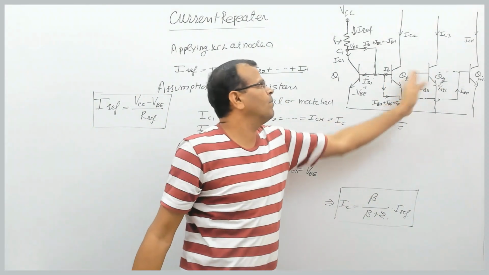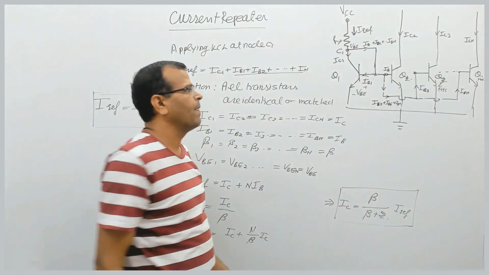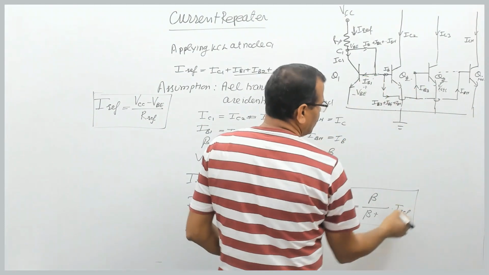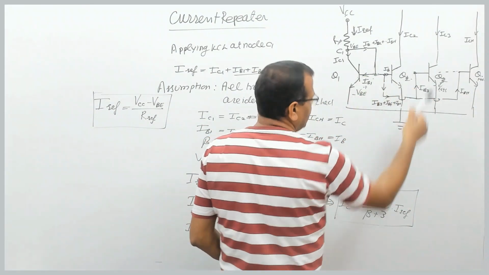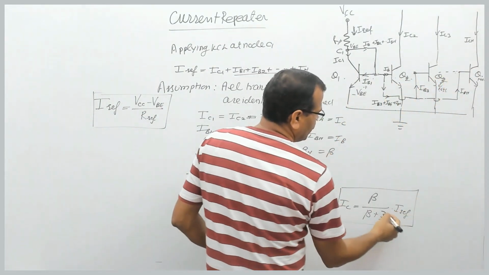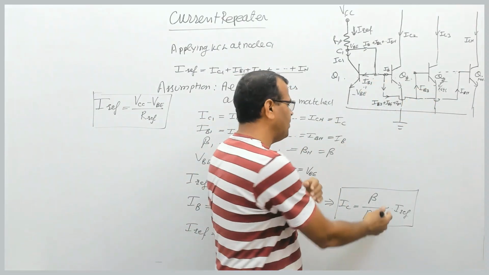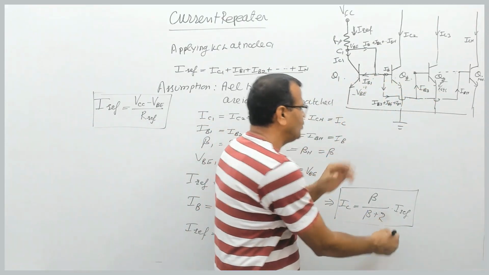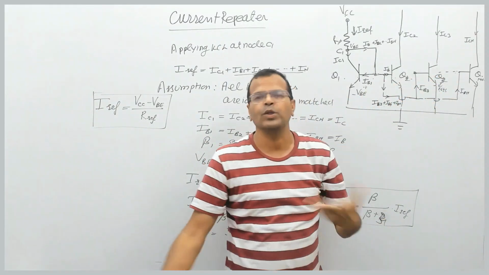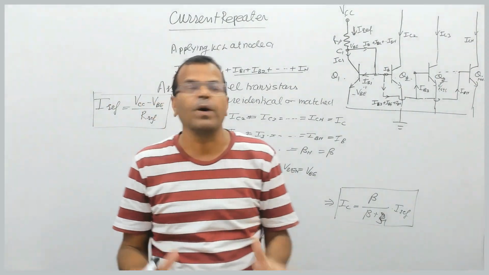So whatever is the number of transistors on the right side, that figure will come there. Suppose you have 3 transistors in total, so it will be 3, 1, 2, 3. If you have 1, 2, 3, 4, it will be 4 here and so on. So the number of transistors directly will be placed here. If it is 2, let it be 2. If it is 3, let it be 3. If it is 4, it will be 4 and so on.